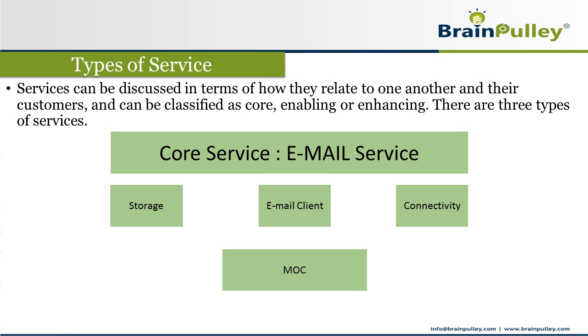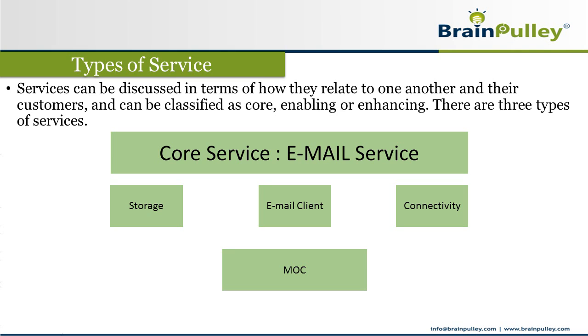For example, you are an IT service company and you are providing email services to a customer. They will become the core services for the customer. The enabling services are those services which are needed in order for a core service to be delivered. Enabling services may or may not be visible to the customer, but the customer does not perceive them as services in their own right.